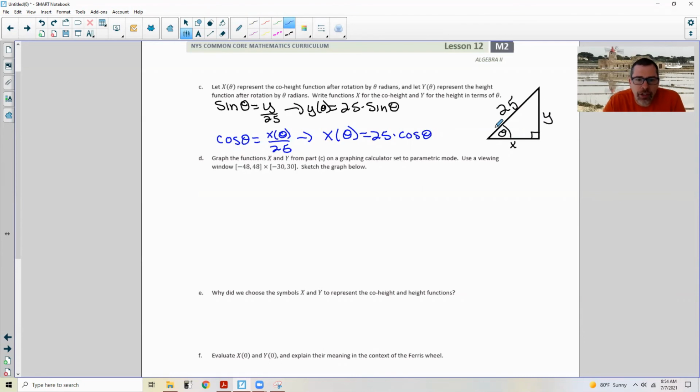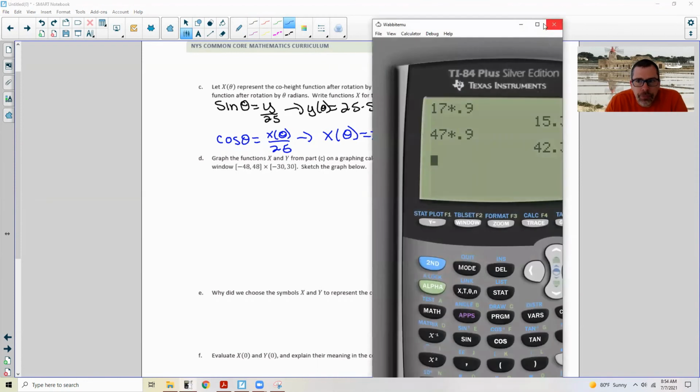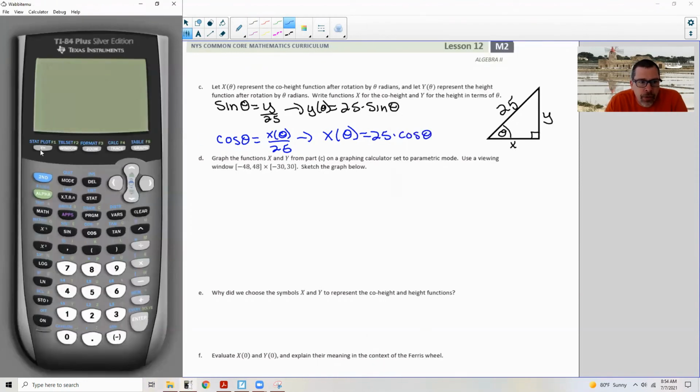D, graph the function x and y from part C on a graphing calculator set to parametric mode. Use viewing window negative 48 to 48 by negative 30 to 30 and sketch that graph below. Okay, so graphing calculator. Clear that, go to y equals, clear, clear. So graph the function x and y from part C in the graphing calculator, set to parametric mode.